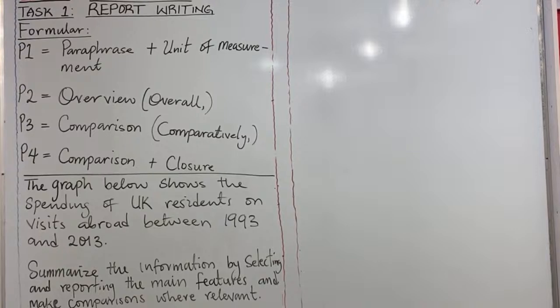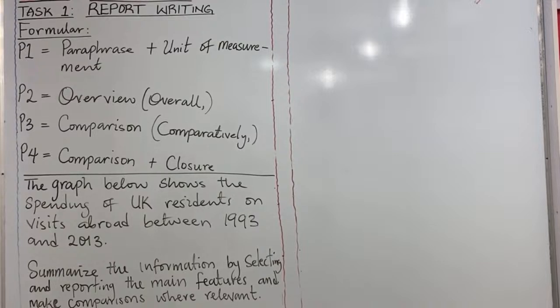The question is giving you the acronym of the country, UK. So when you are paraphrasing, you have to give the full name. UK is the United Kingdom, right? So the given line graph illustrates the amount of money spent by the indwellers of the United Kingdom during their trips overseas between a period of 20 years, ranging from 1993 to 2013.